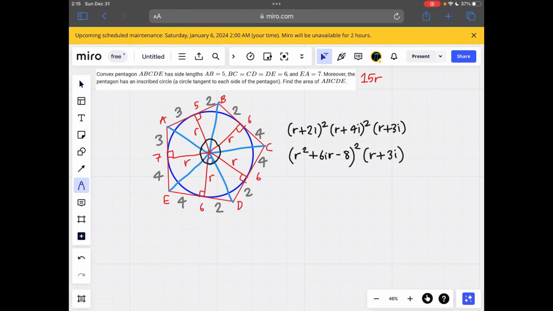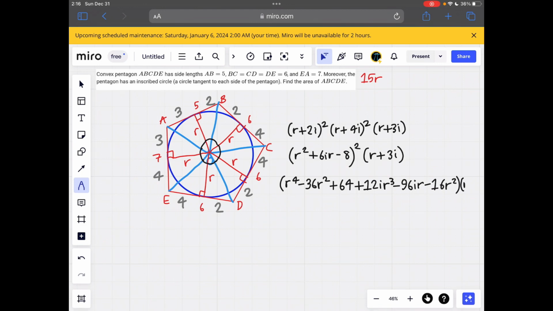And if we apply that here, it's r to the 4th minus 36r squared plus 64 plus 2ab, that would be plus 12ir cubed, plus 2bc would be minus 96ir, and then plus 2ca, well, that's just minus 16r squared.